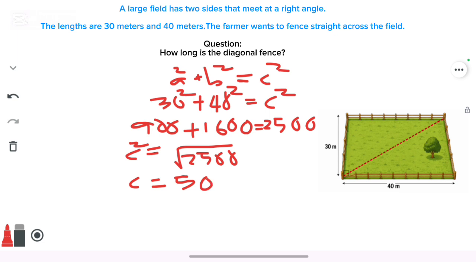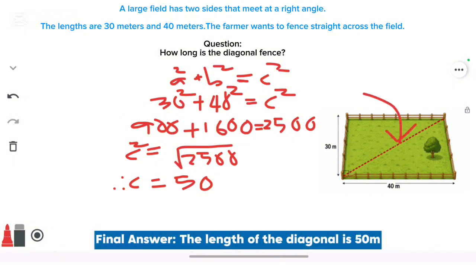There you go. So c is equal to 50, and therefore our final answer, the distance of the diagonal fence, is 50 meters. There we go. All right, that's our final answer.